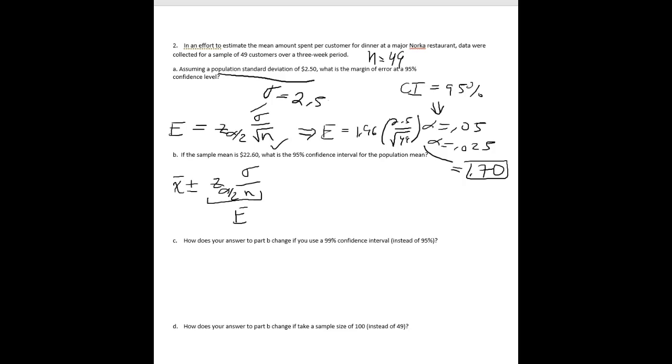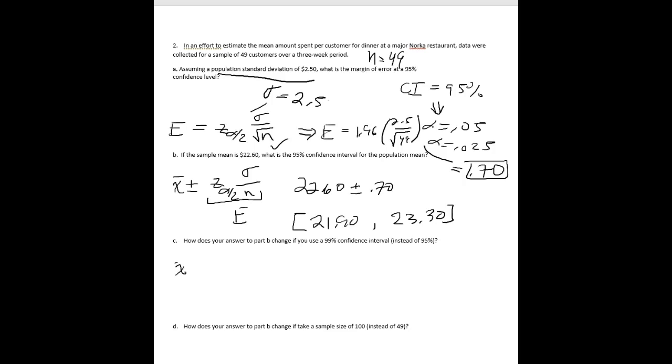So this is just x bar plus or minus E: 22.6 plus or minus 0.70. That gives us an interval of 21.90 to 23.30. Then, how does your answer for part B change if you use a 99% confidence interval instead of 95%?